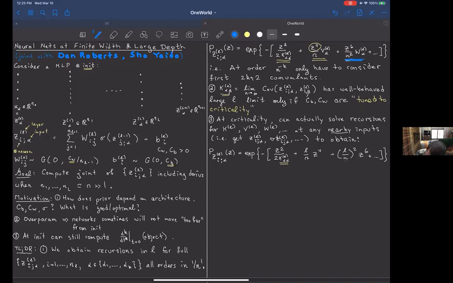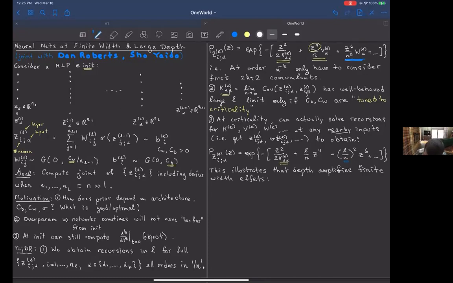It's suppressed by the ratio of the depth to the width. This illustrates that depth amplifies finite width effects. I'll just give you a couple of examples of this, and that'll be the end of this summary, I promise.